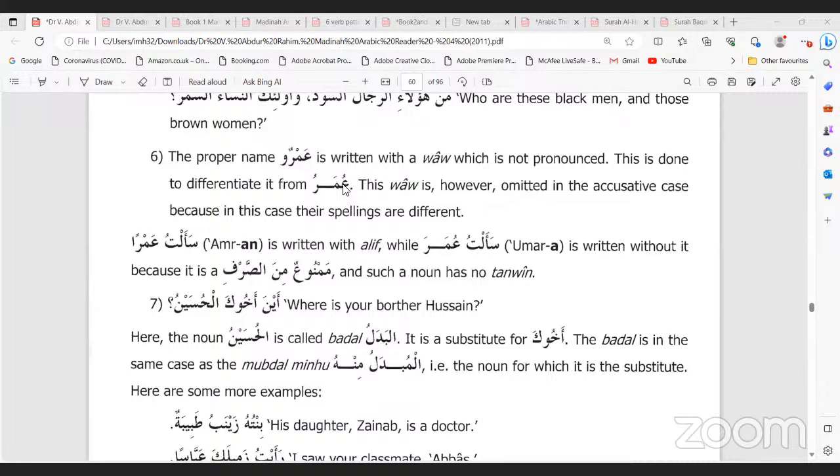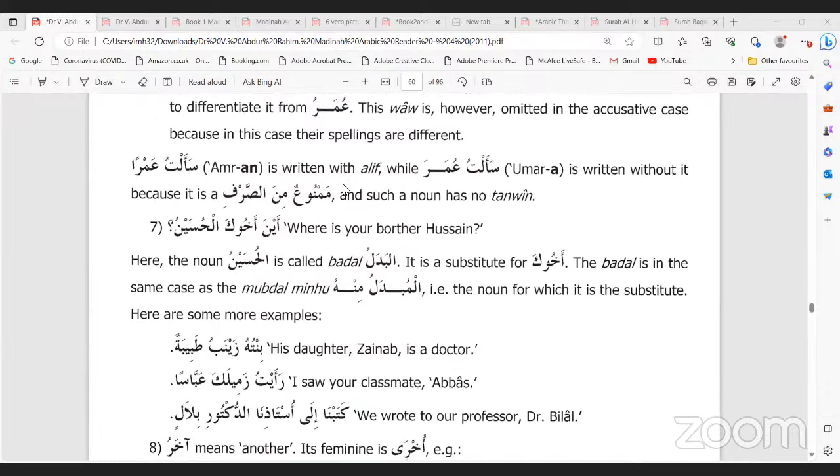Sa'altu Amran is written with alif. Sa'altu Umara is written without it because it is mamnu'un min as-sarf. As such, a noun has no tanween.